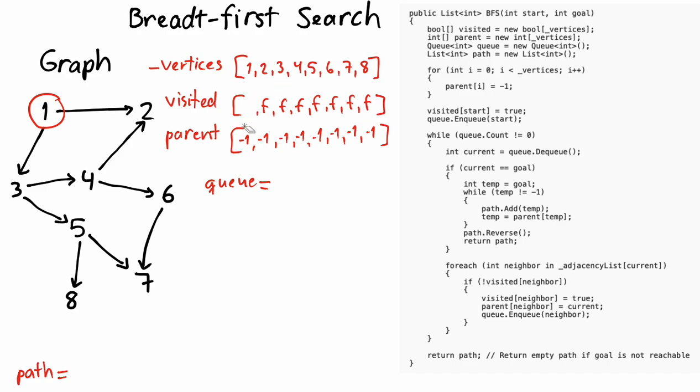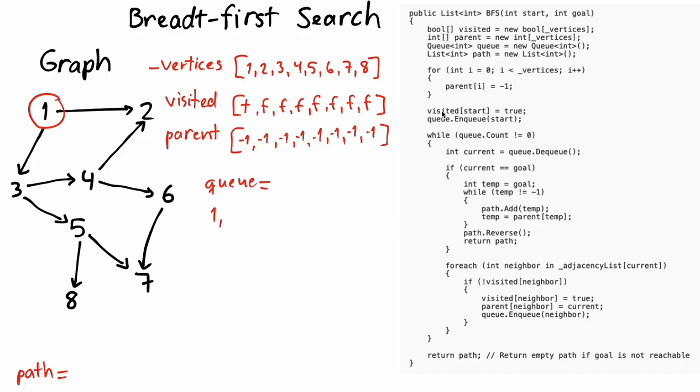So here I set this visited value to true, and parent value, we don't have a parent yet, and we set the start node to that queue. So here we will have 1.